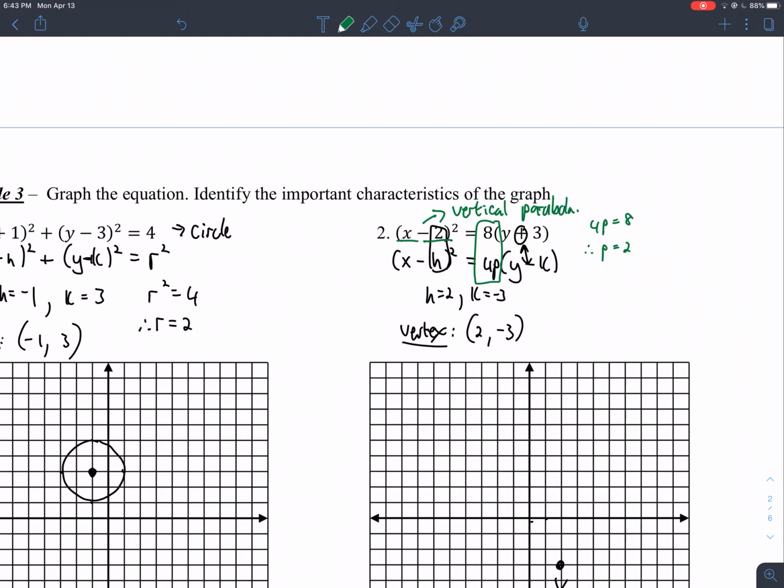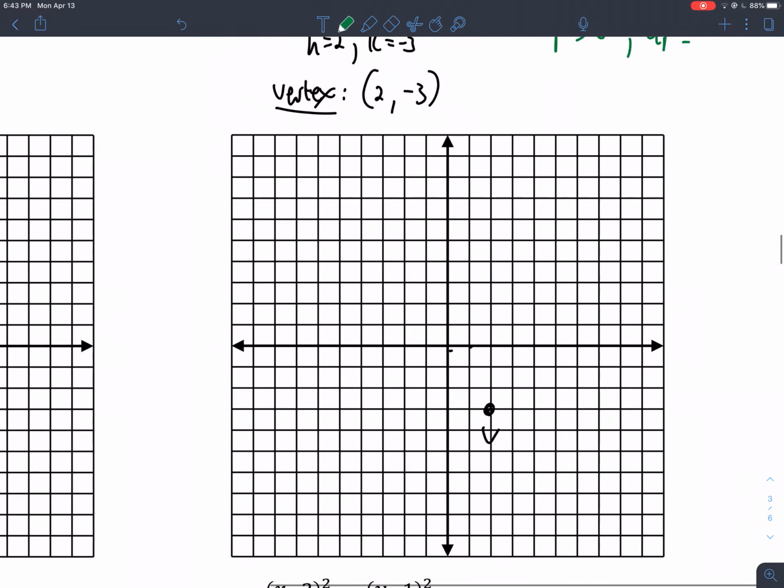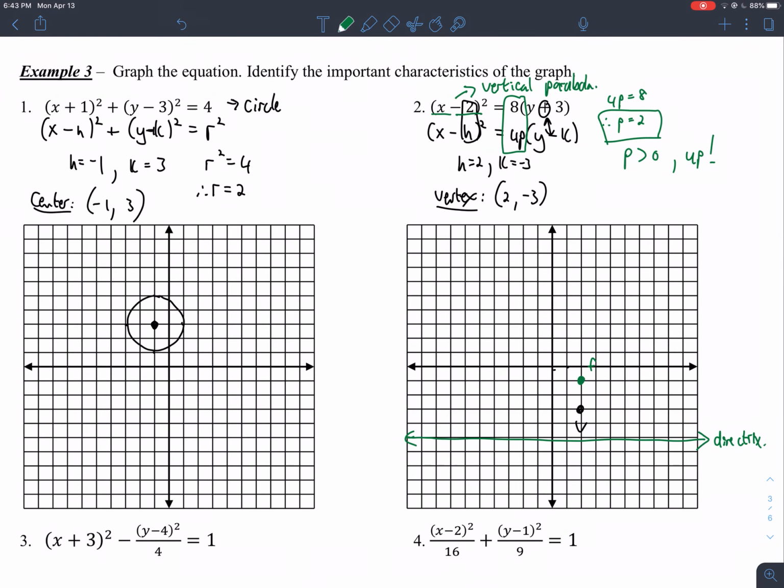Okay? And because p is positive, it opens up. Alright? So now I know from the vertex I go 2 units up to find the focus, and I go 2 units down to find the directrix. Okay? This is the directrix.